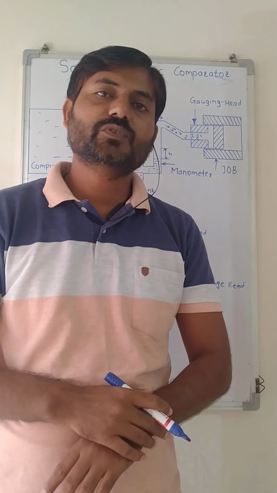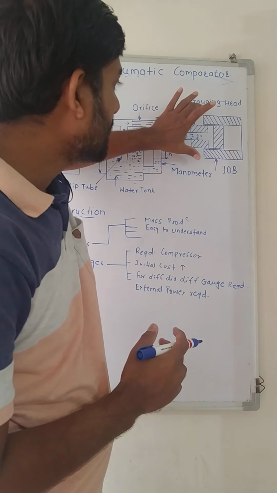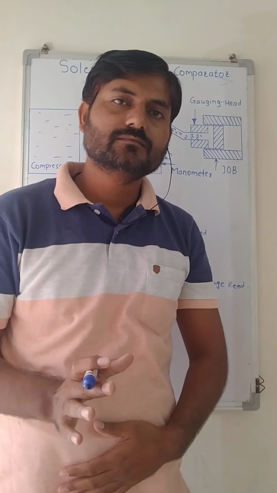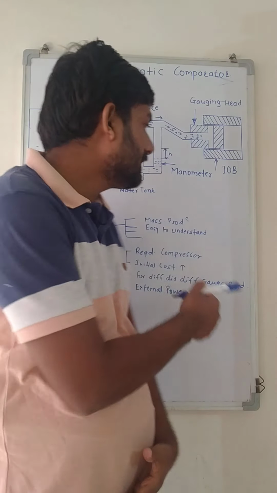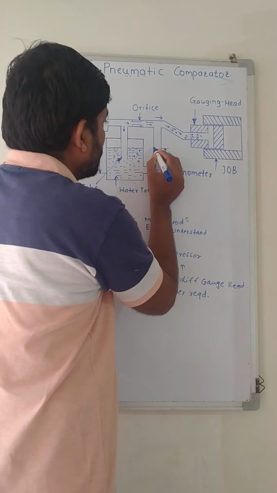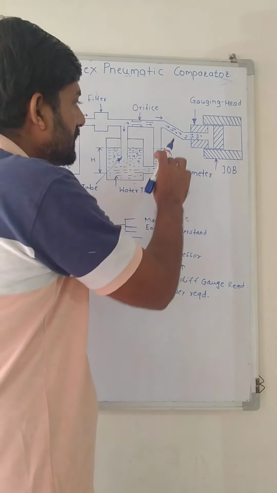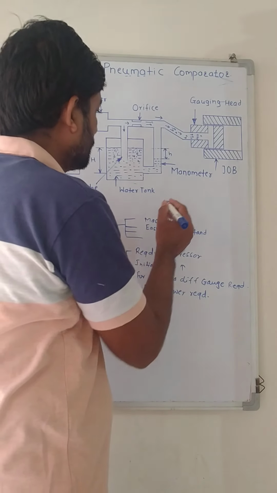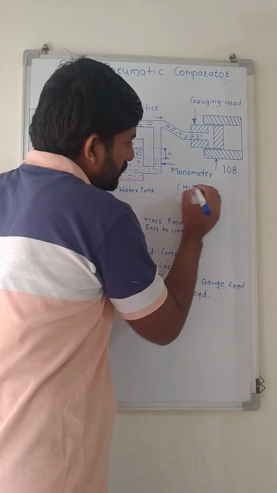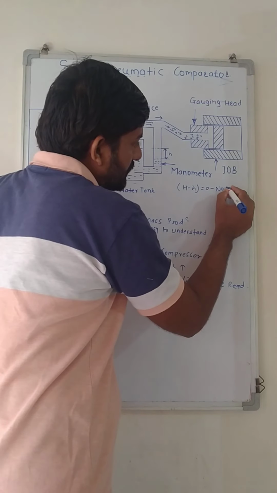This is our cylindrical job. If it is perfectly flat, the water will be filled up to this level. So here you will get H minus h equals 0 for no irregularities.